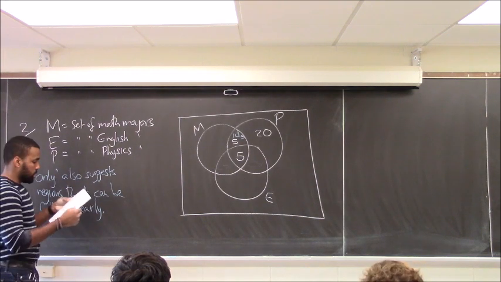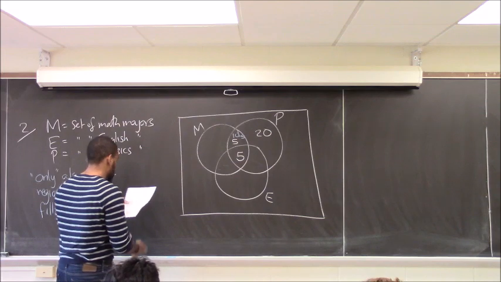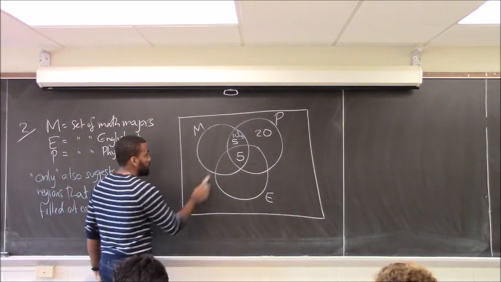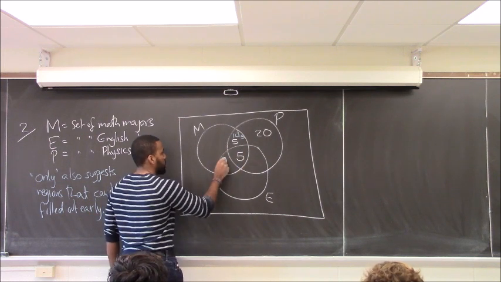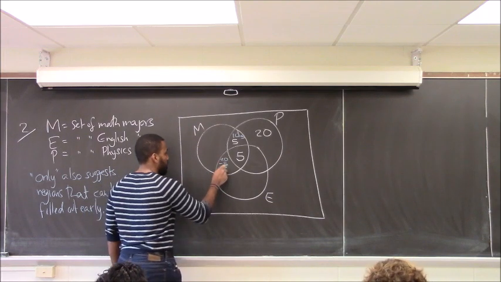There are 10 people in the intersection of the math circle and the physics circle, where 5 also intersect with the E circle. Okay, math and English would be the next one. We know that 20 people are in math and English. So in this overlapping of math and English, there are 20 people. We've already accounted for 5 of them, so there are 15 left.